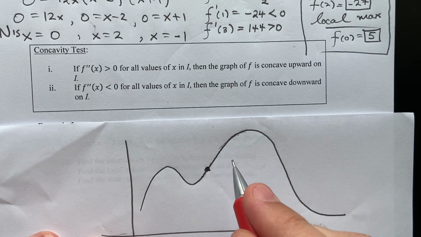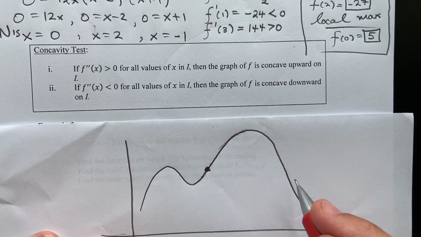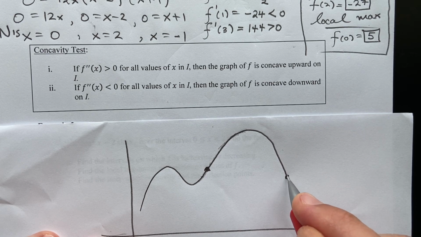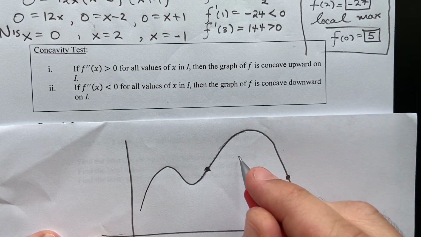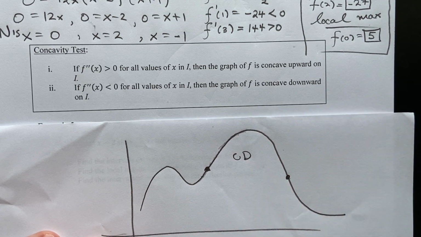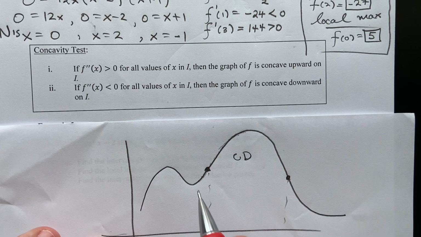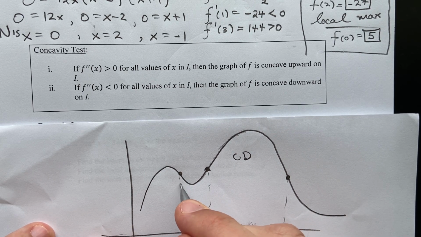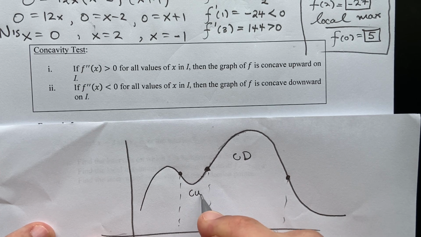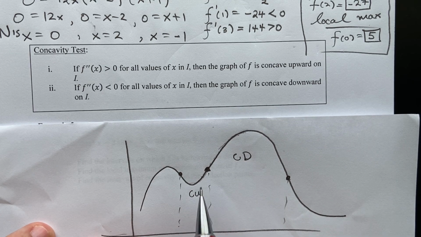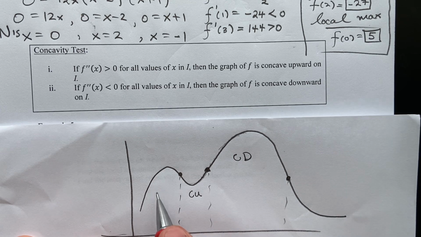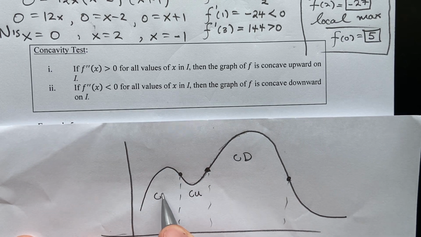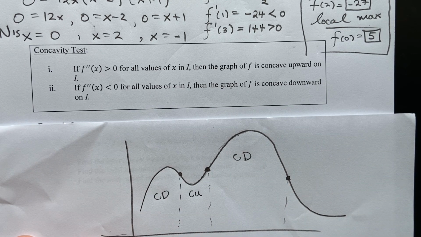So throughout this region, we would have up to another inflection point, we would have concave down throughout this whole region here. Over here, and there would be another inflection point here, I would have concave up because of this nature here until another inflection point, and then it looks like I have concave down again.